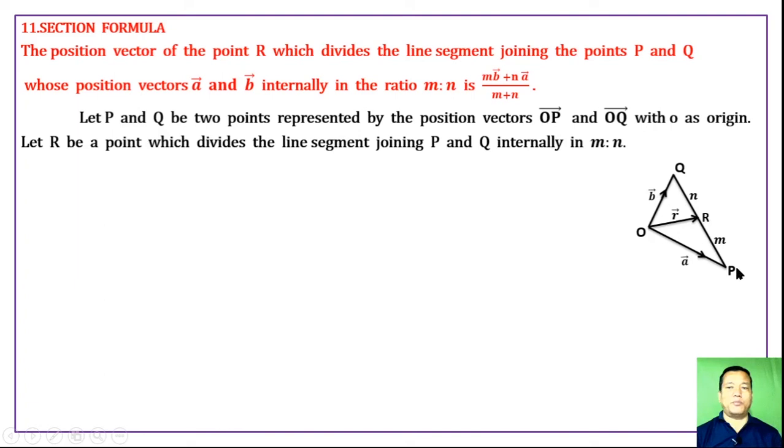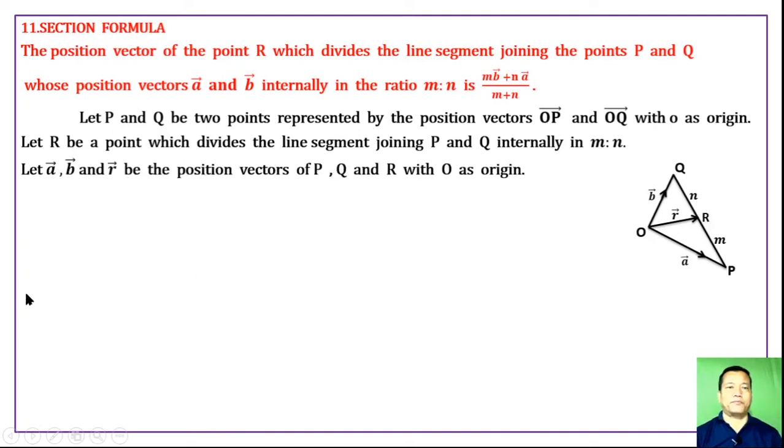Let a vector, b vector and r vector be the position vectors of P, Q and R with O as origin.